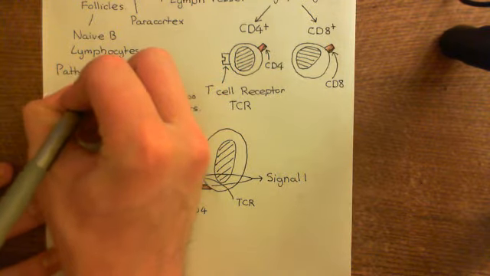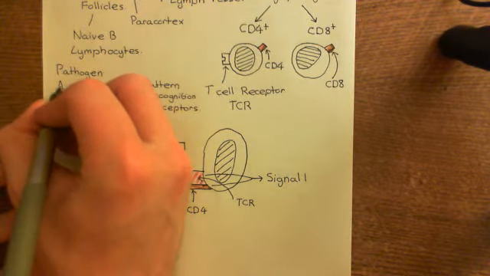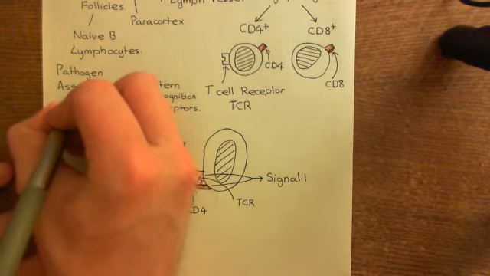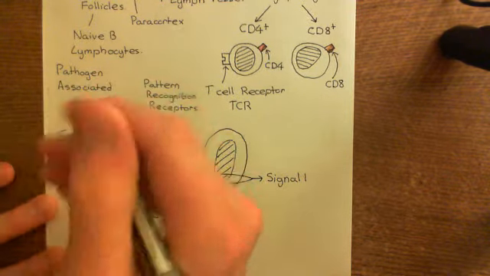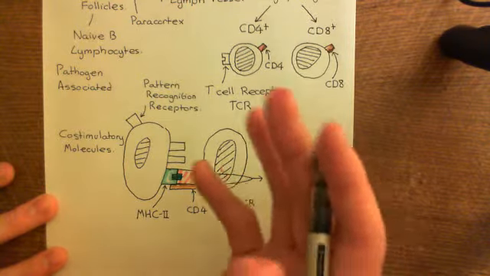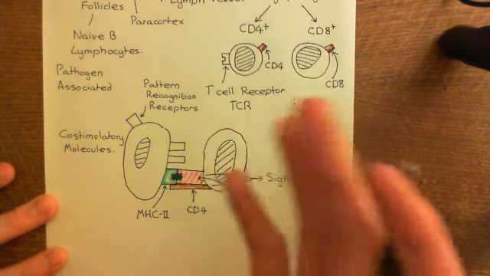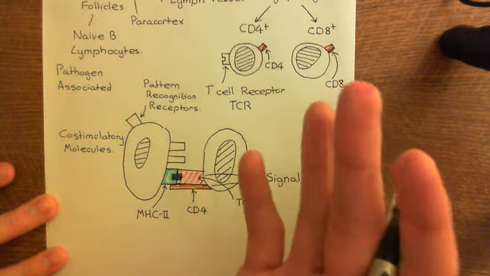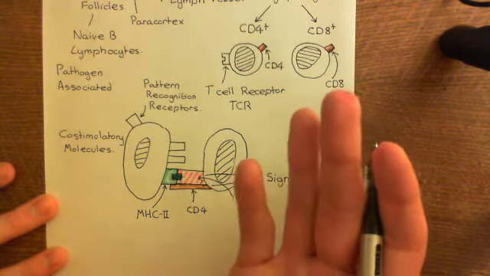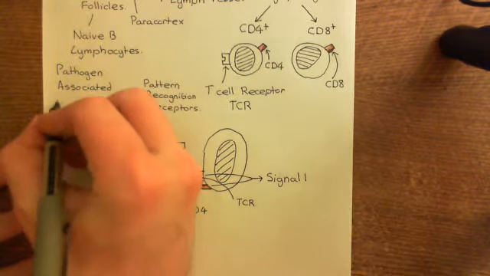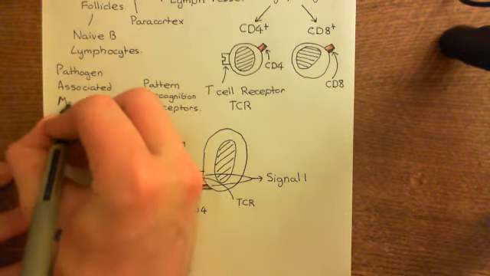Okay, and these don't need to be proteins. Antigens were proteins. Pathogen-associated molecular patterns are generally things like double-stranded RNA, things like that. Sugars, polysaccharides that we would never ever have, lipid molecules that we would never ever have on a human cell. Okay, so these are not necessarily proteins at all.